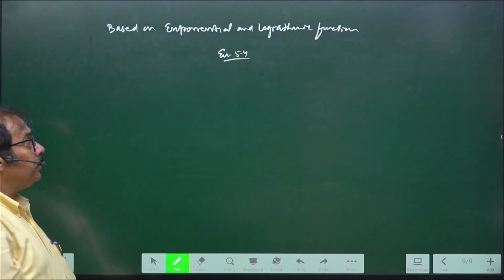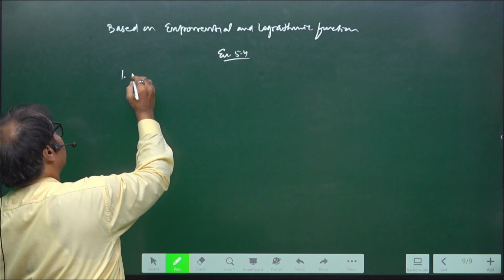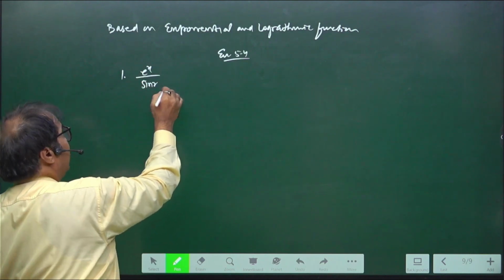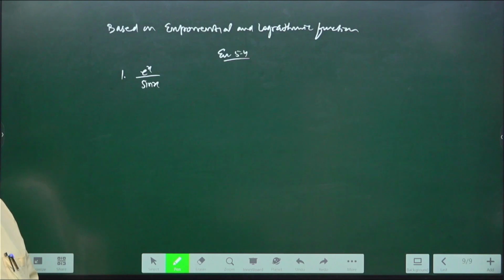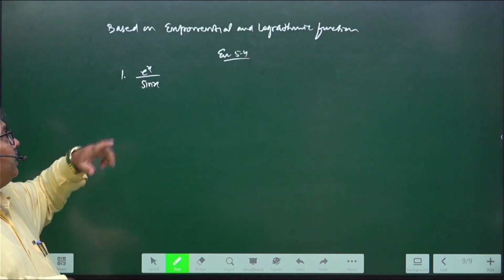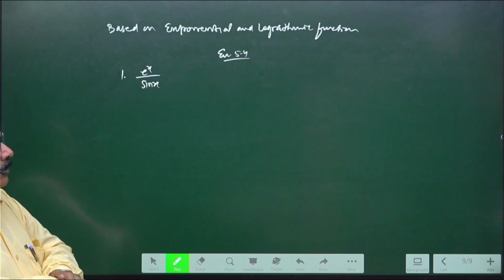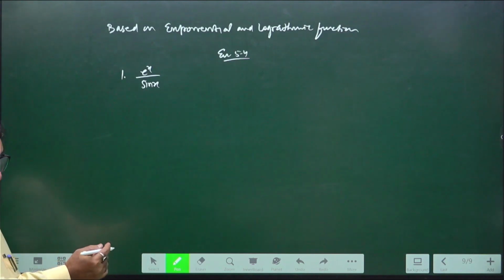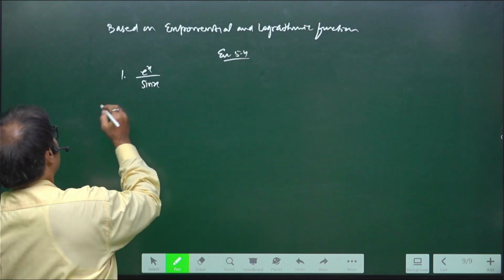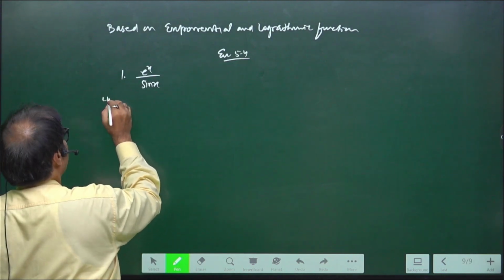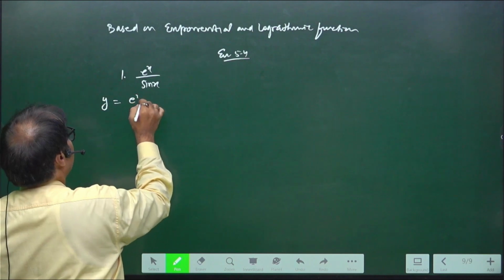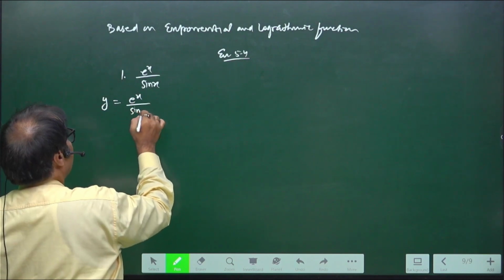So the first question, question number 1, is e to the power x upon sin x, right? So here is the exponential and this is trigonometric, but it is in the form of a fraction. So first we will apply the quotient rule. Okay, so we will rewrite the question. y is equal to e to the power x upon sin x.